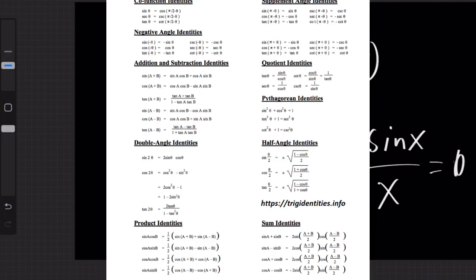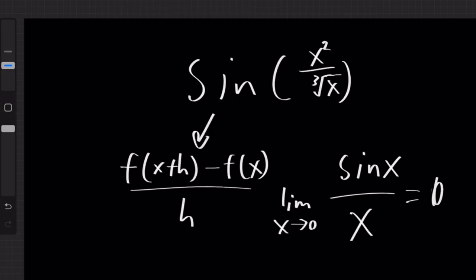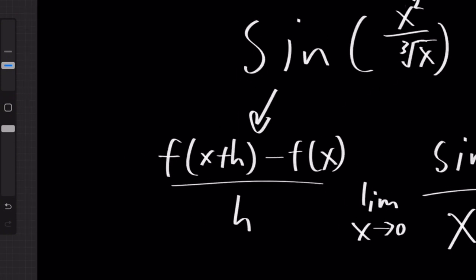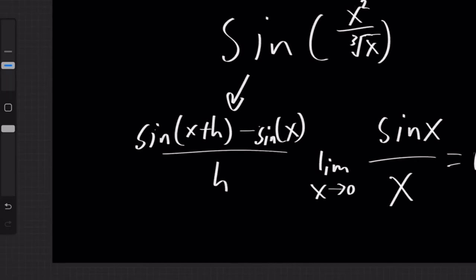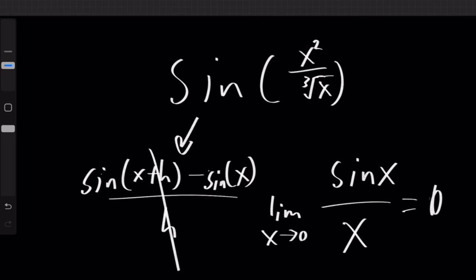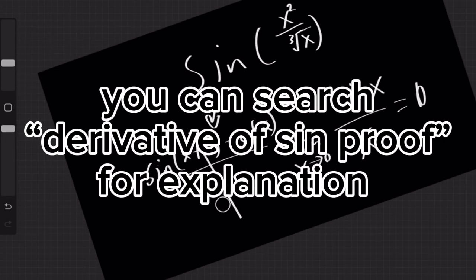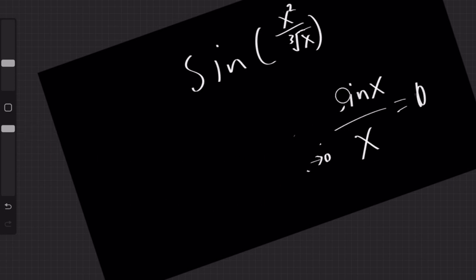Special rules for trig. So if you plug it in, you would get sine of x plus h minus sine of x. Do some algebra, it should cancel, and according to Google, you should get cosine. So the derivative of sine would be cosine.